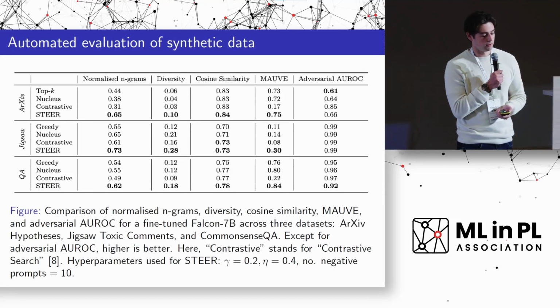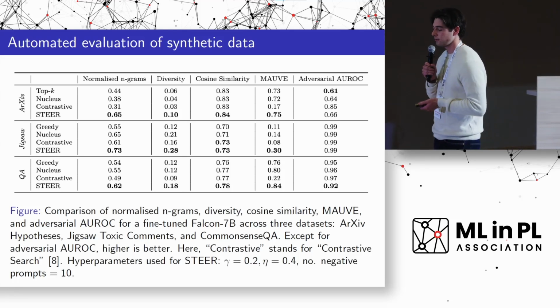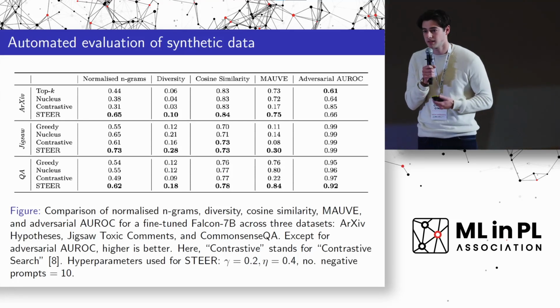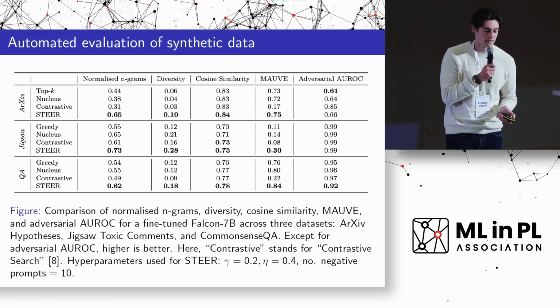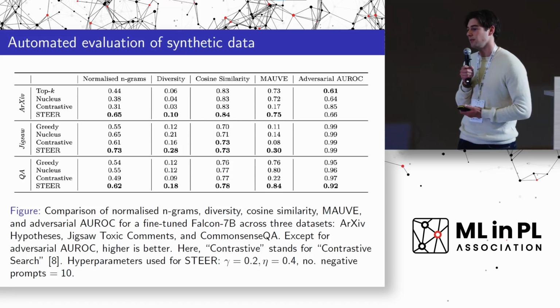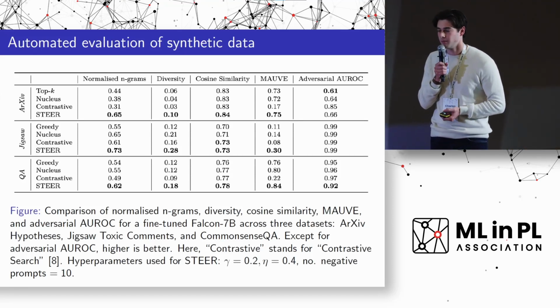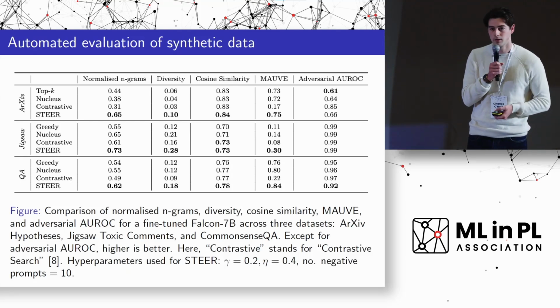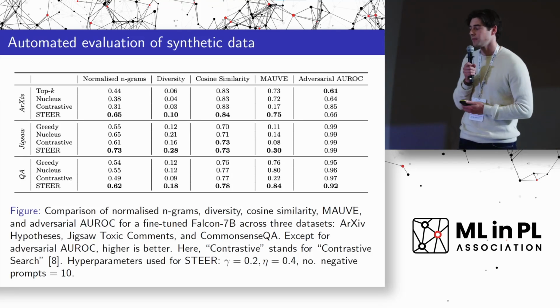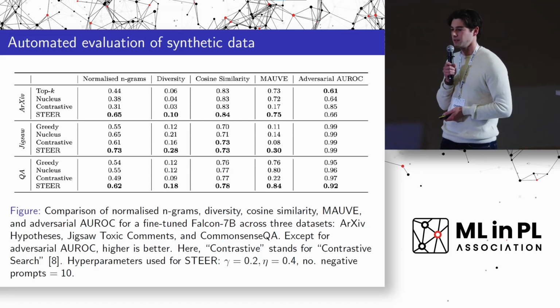So, a few results from our work. We trained 3 different models, Falcon 7B for all of them, on 3 different data sets. The first one was the arXiv hypotheses, so hundreds of thousands of arXiv papers, and we fine-tuned Falcon on that. The second 2 were toxic comment generation, and the last one was multiple choice question answering.